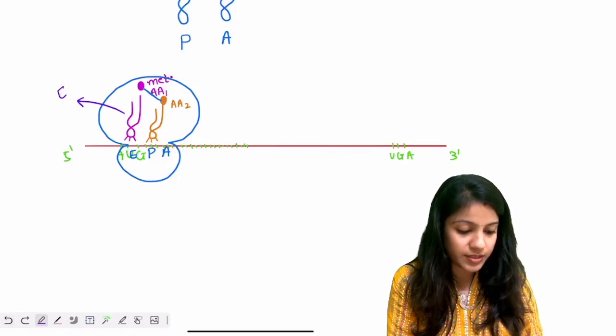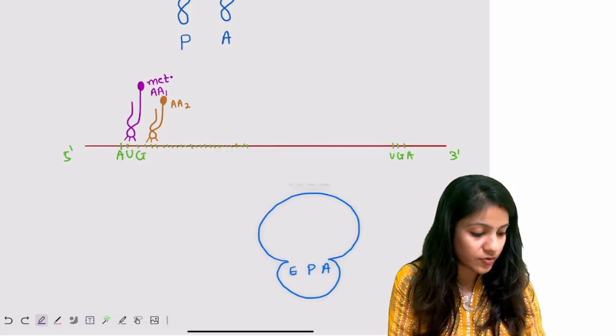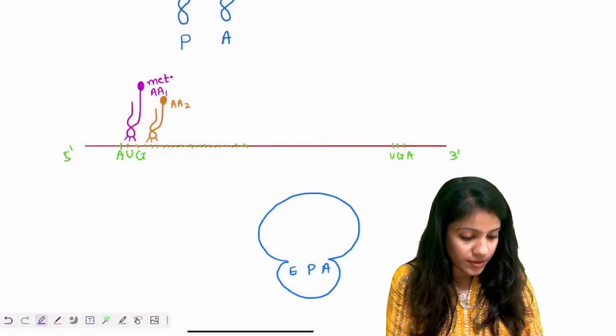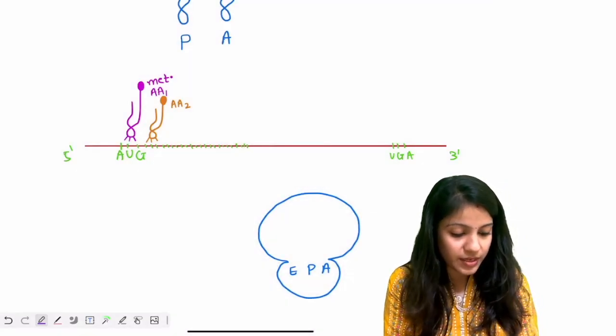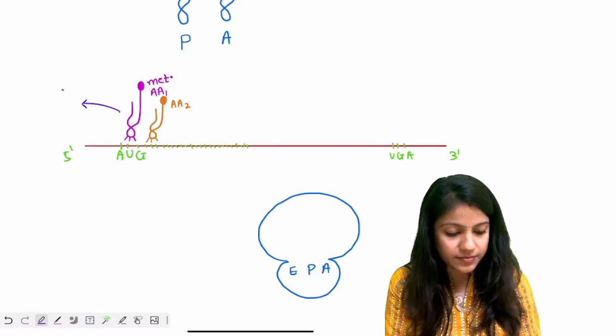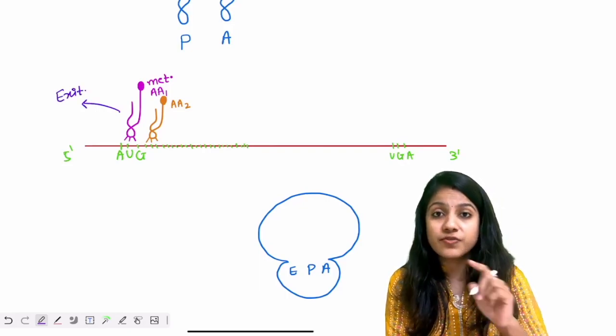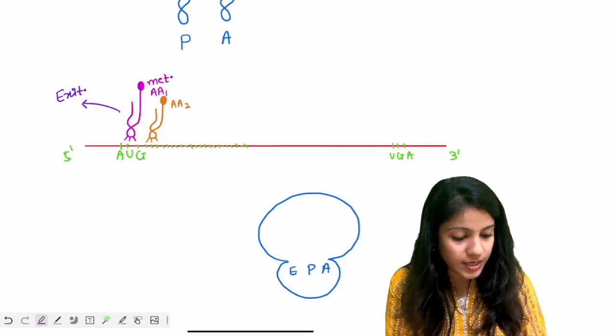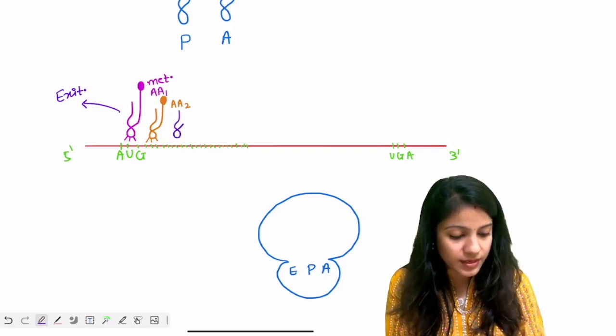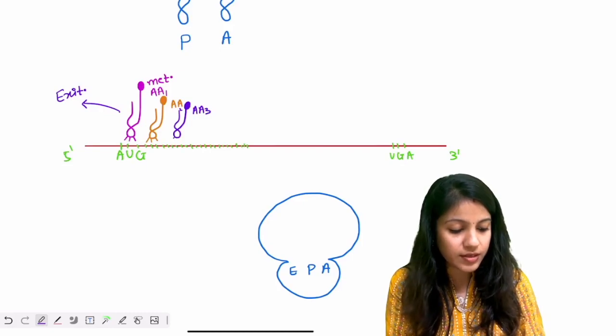Just give me a minute because I need to show that the ribosome is moving. So, wait. Now, this tRNA will take an exit. Remember the position which I have drawn. Now again, a third tRNA is coming, having the third amino acid, amino acid 3.